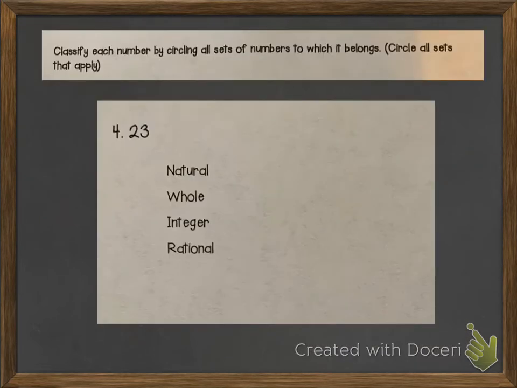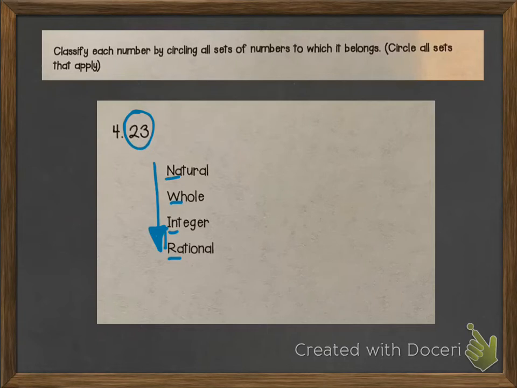Moving on, it says to classify each number by circling all sets of numbers to which it belongs. So if we're looking here, if we draw our arrow, and we're looking at natural, whole, integer, rational, we identify what is 23. So we always want to start with looking at natural.